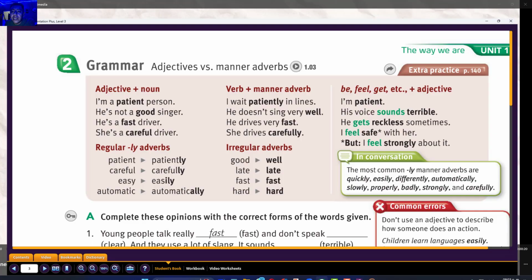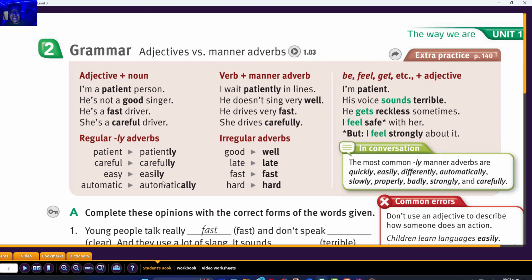Alright? Once you've seen the rules, you can see like this, right? It's the same thing that we have here, but there are some verbs that we use to describe something, or to describe like a feeling. What do we think about something? And those are the verbs like be, feel, get, that are used with an adjective. For example, he sings terrible.